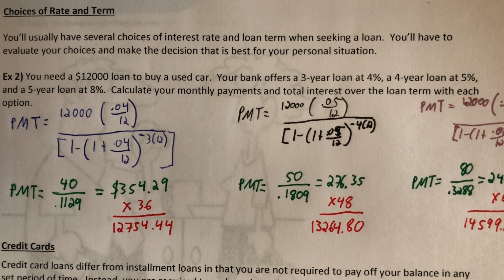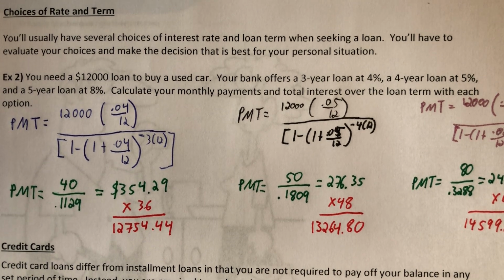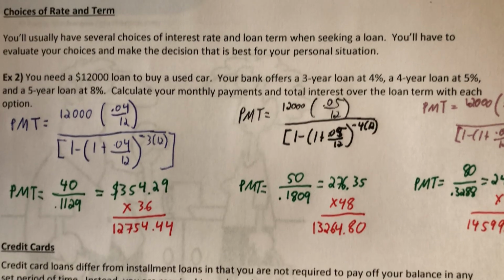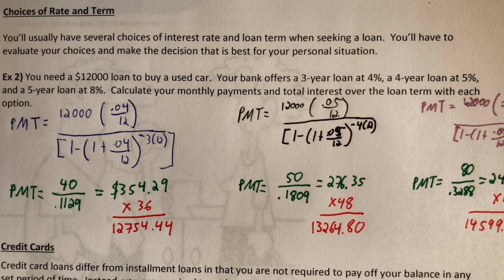All right, so if we're doing a 3-year loan at 4%, we'd have 12,000 times 0.04 divided by 12, our interest divided by monthly payments. For a denominator, 1 minus parentheses 1 plus 0.04 divided by 12 raised to the negative 3 times 12.